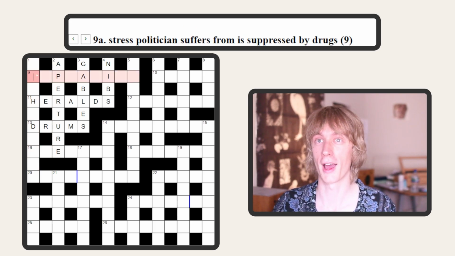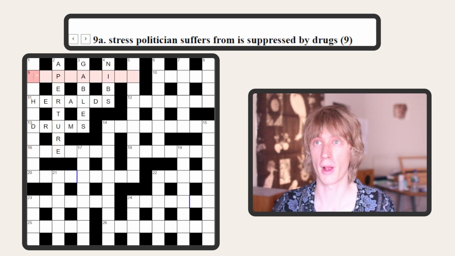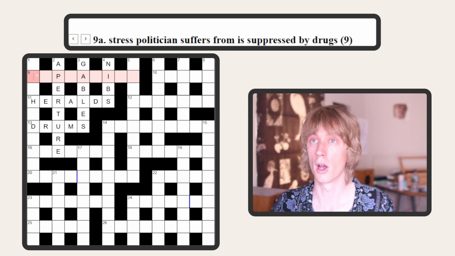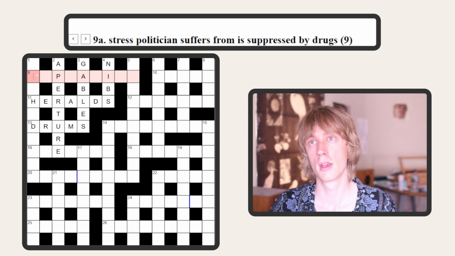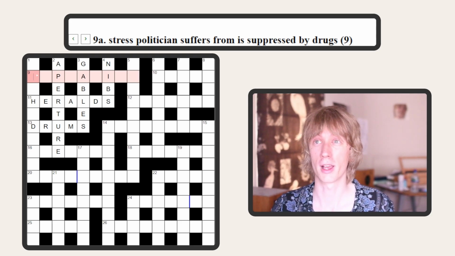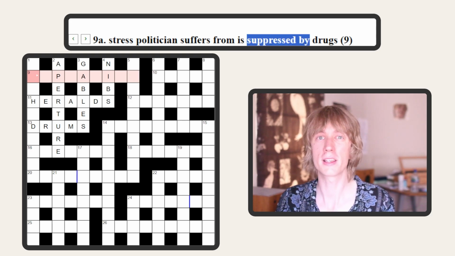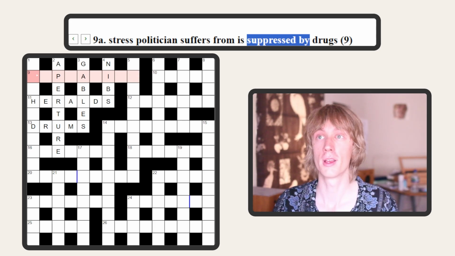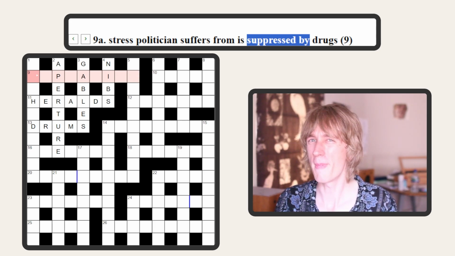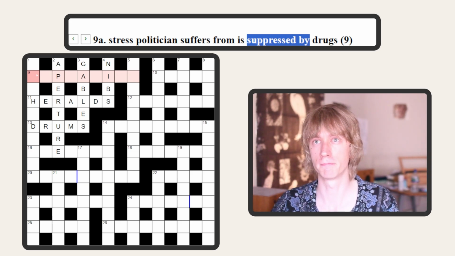So let's have a look at 9 across. Stress politician suffers from is suppressed by drugs. Okay, once again, we're going to start by looking for indicators, words that tell us to do something. So here, the only indicator I can spot is suppressed by. If you're suppressed by something, you're kind of kept down, you're kept under by it. So suppressed by drugs may well be telling us to put drugs around some other chain.